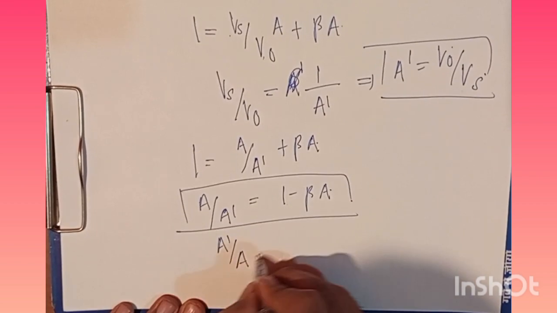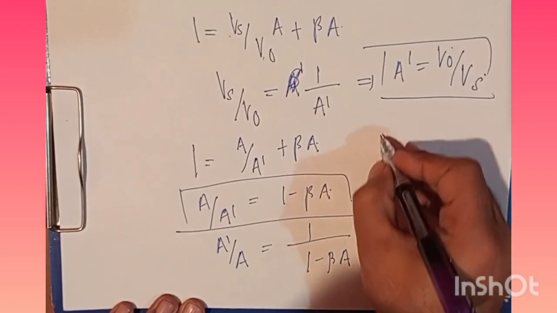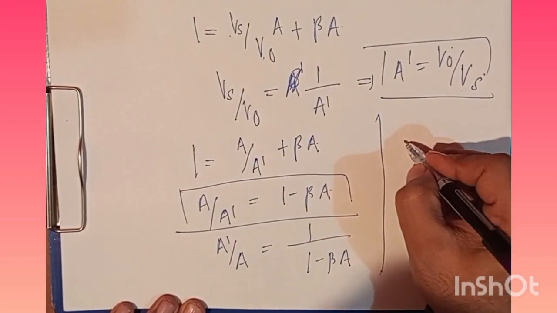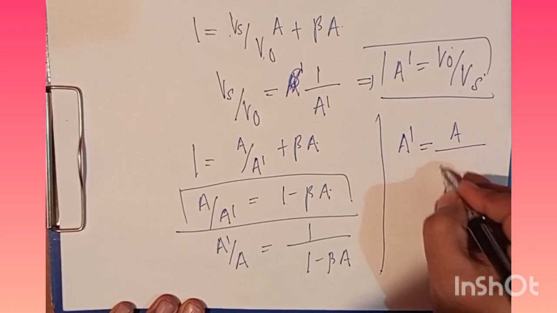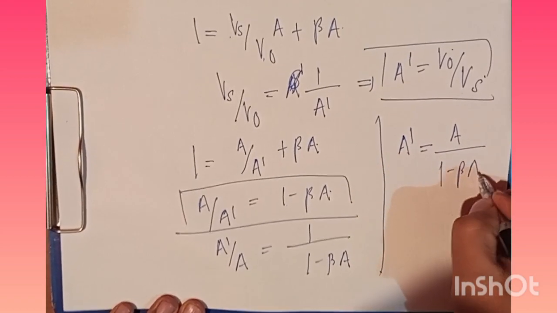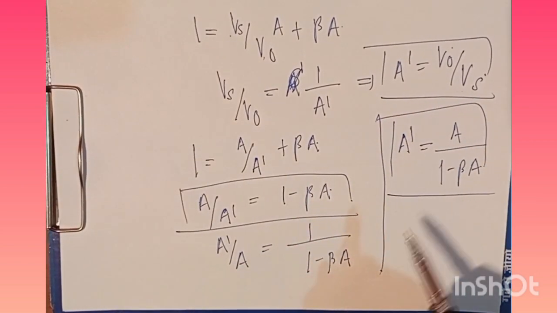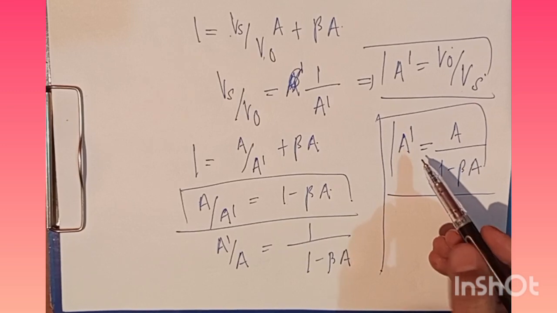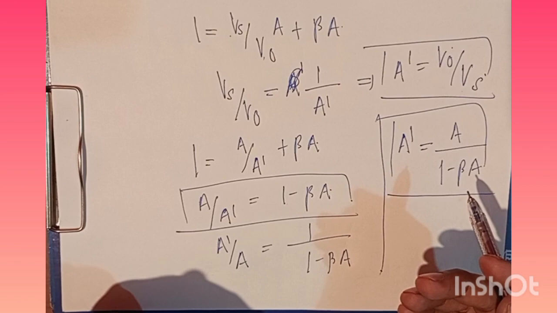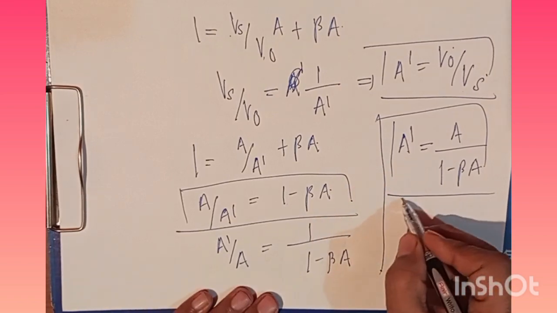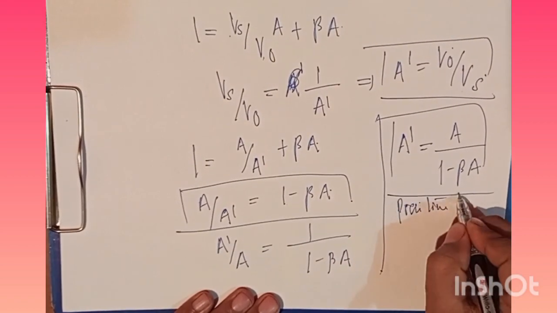A dash by A is 1 by 1 minus beta A. So my A dash will be A divided by 1 minus beta A. So this equation is going to give me the gain of the amplifier in the presence of positive feedback. So this equation is valid for positive feedback.